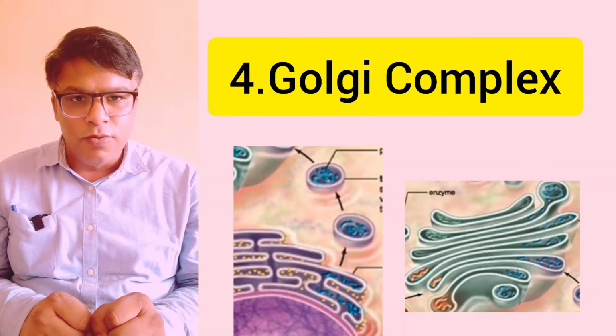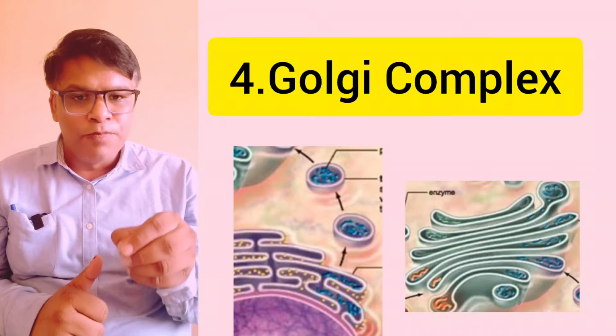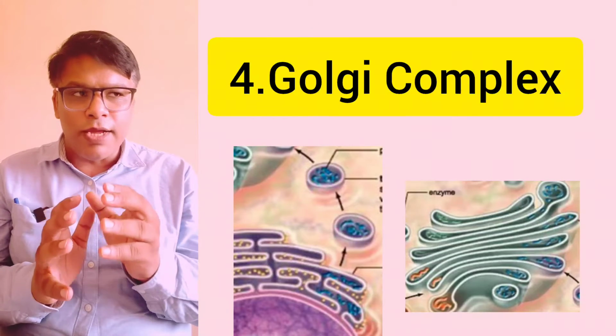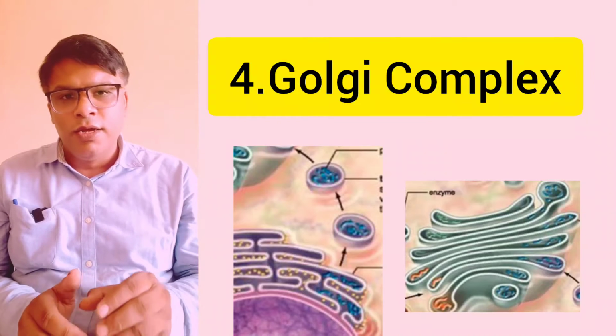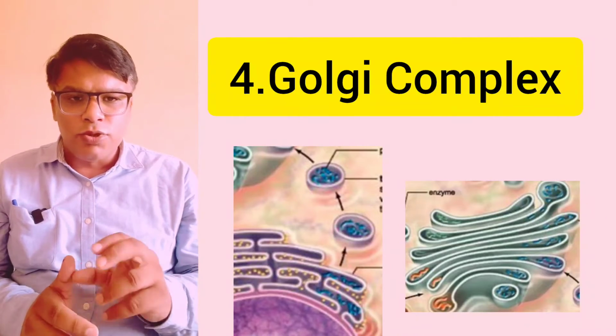Now the vesicles fuse and carry the cargo to the Golgi complex. You know very well the Golgi complex has flattened cisternae. Within the Golgi complex, there is sorting of proteins. It works like a post office.